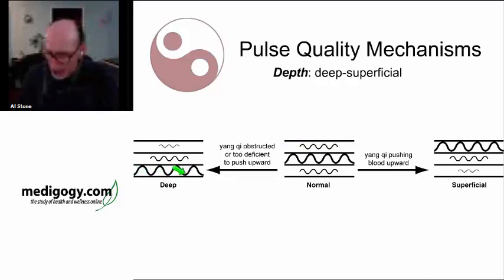And a lot of times in school, we just kind of default to saying, oh, that's a kidney problem. Well, perhaps. But there's another way to look at it that's really more consistent with the yin and yang theory that I think makes it easier to remember. A deep pulse is a deficiency of up. And up is associated with yang. So a yang deficiency is a deep pulse. It's a deficiency of up.